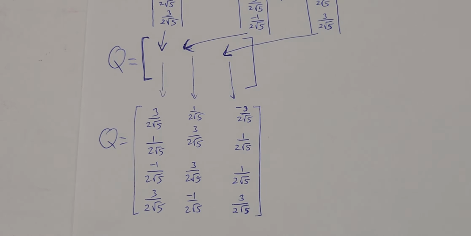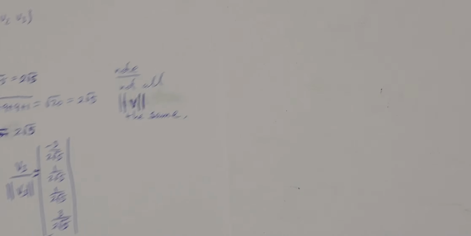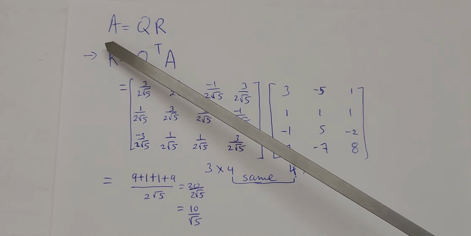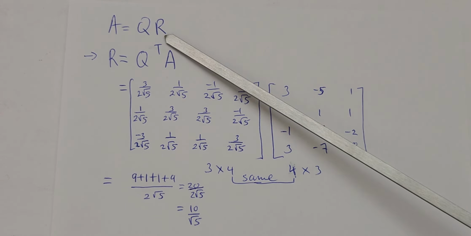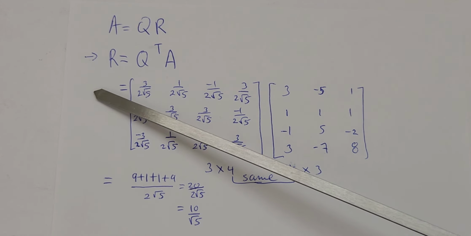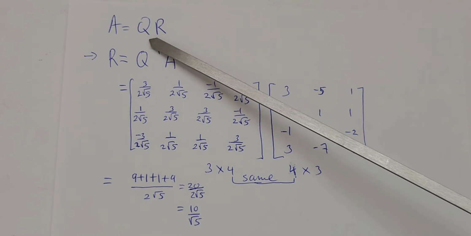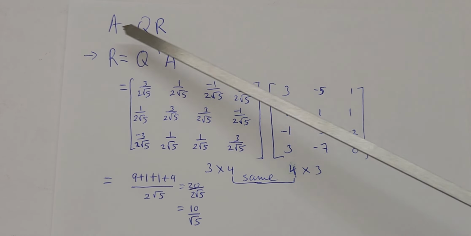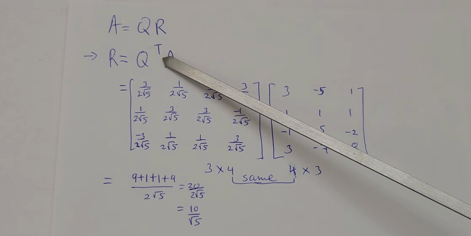Now we have Q, so now we need to do R. To do R, we will follow this formula: A equals QR. I want R by itself, so bring Q over. To bring Q over, I will transpose.